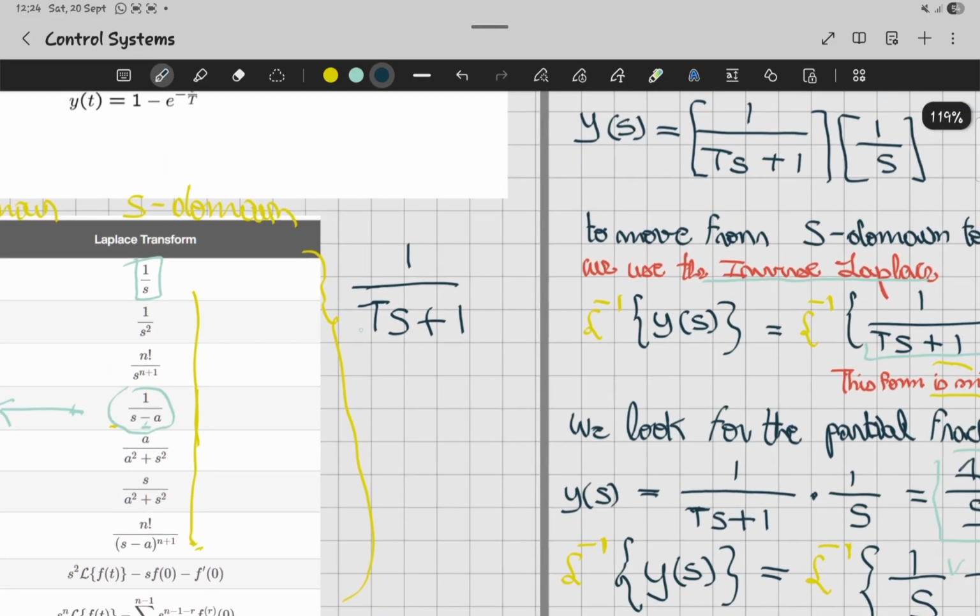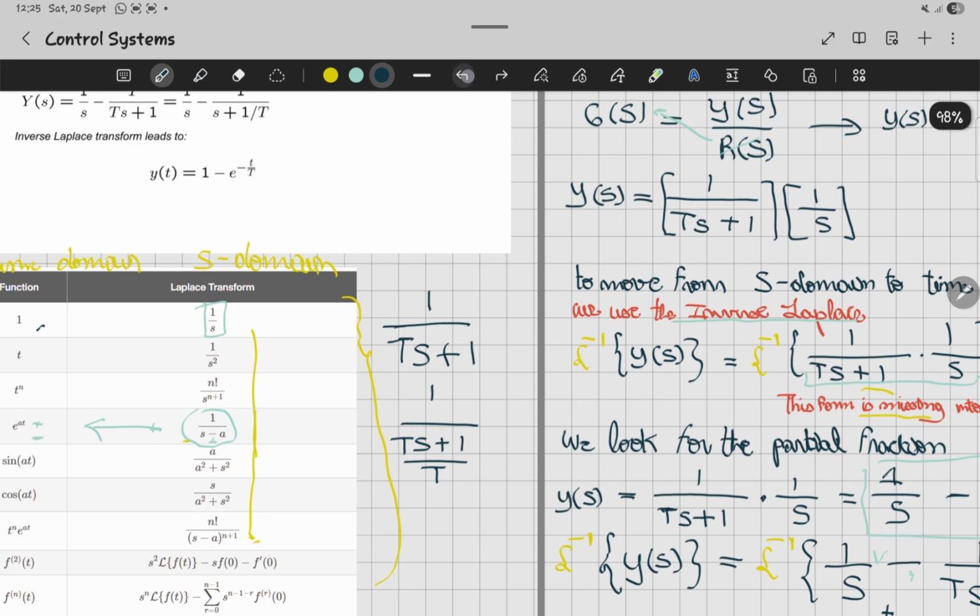So I'm gonna write this one into the form that you see there. Remember, this t we're not considering, we're going to focus on s. So I'm going to divide both sides by t, so for me to get around with this. Okay, then because I'm going to divide both sides by t, it's going to be 1 over s plus 1 over t.